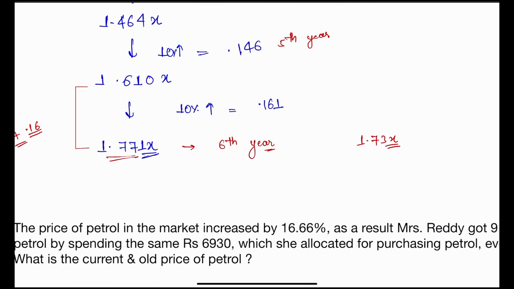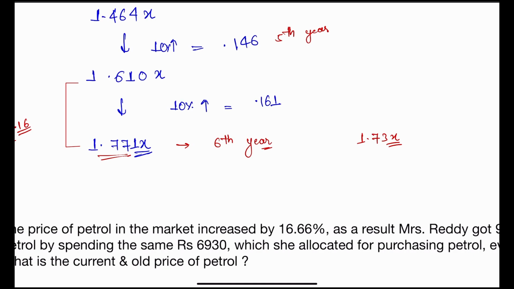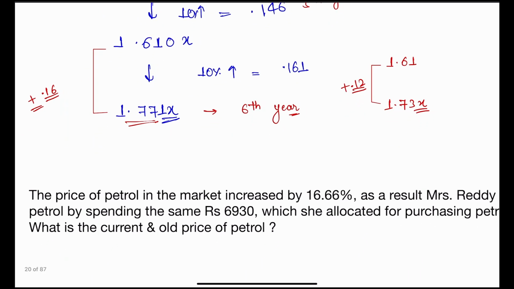But how much do we actually want to increase? From 1.61 we want an increase of only 0.12. So if 0.16 increase takes 12 months, then 0.12 increase will take 12 by 16 into 12, which is 9 months.